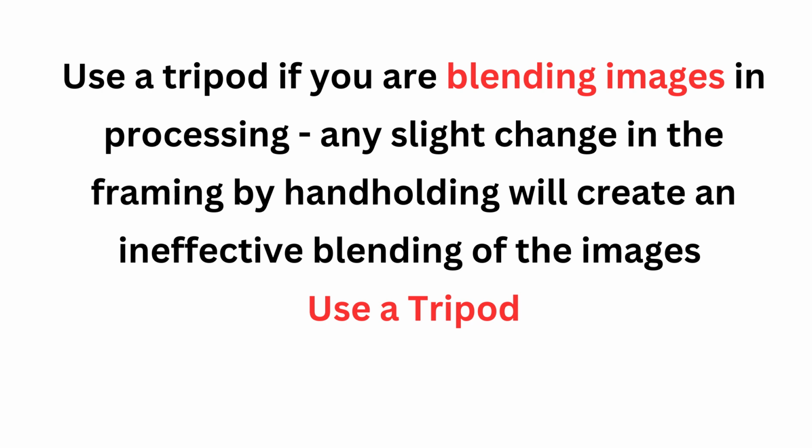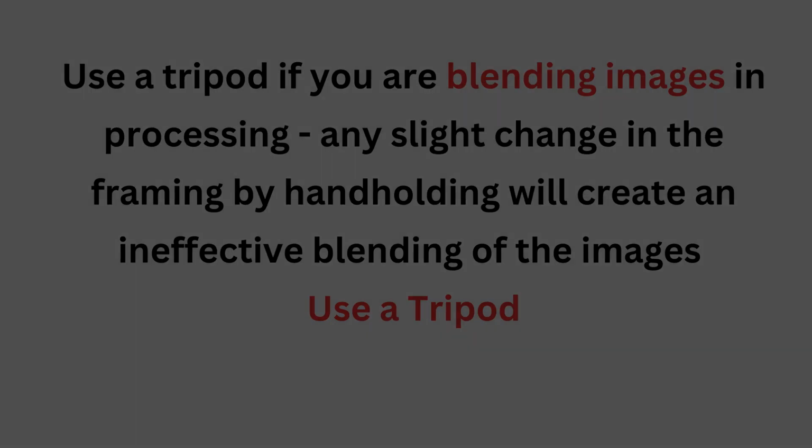Now, if you're doing that, the one key point, it might seem obvious, but you need a tripod for that, because if you're relying on staying completely still and getting these multiple shots, however fast the shutter speed, it's very difficult, and you will end up getting a slight blurring softness effect at the very, very least with your merged images. So use a tripod.